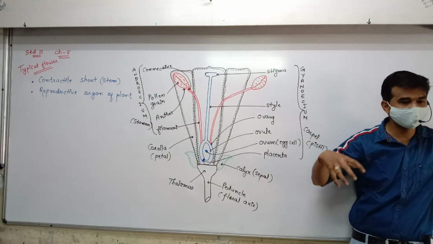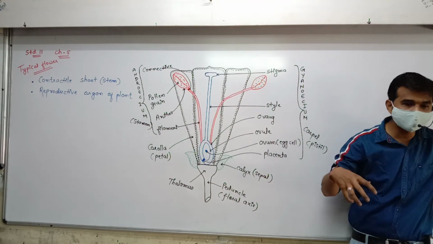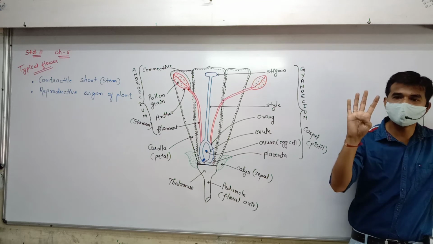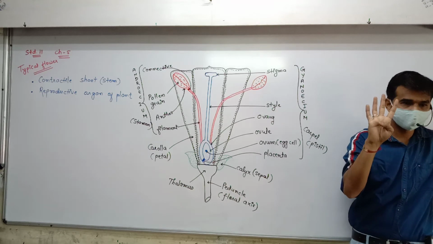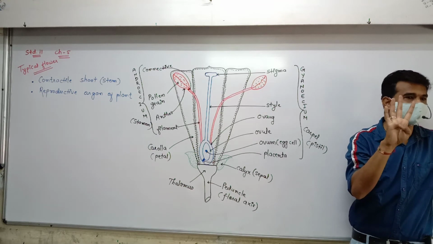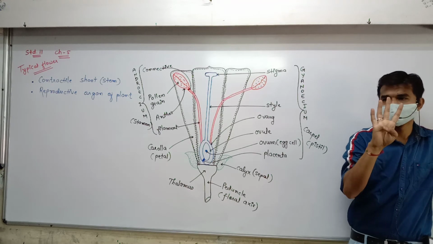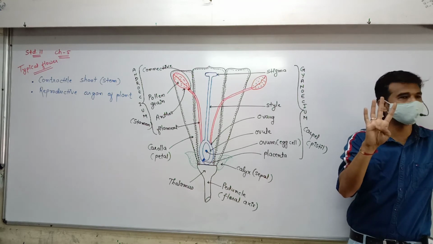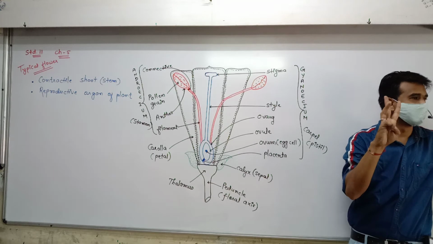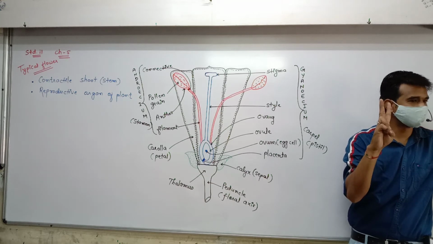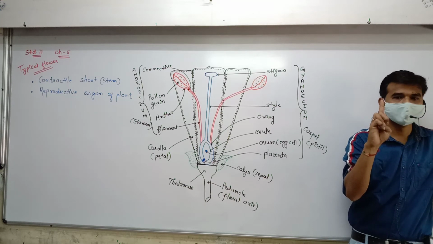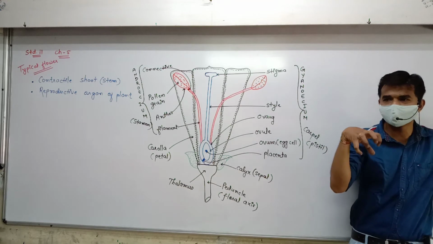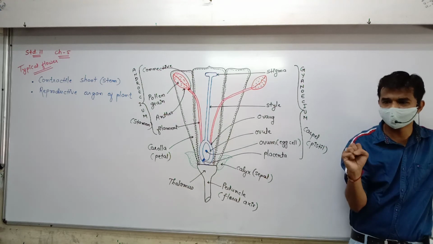Okay? And this thalamus consists all the whorls. There are 4 whorls in the flower. The outermost whorl known as calyx. Second is corolla. Third is androecium. And innermost center portion is known as gynoecium.